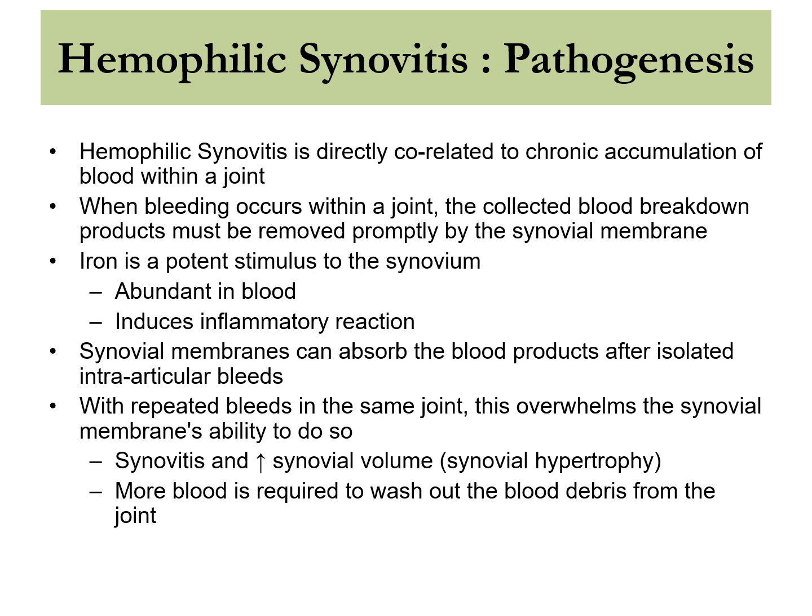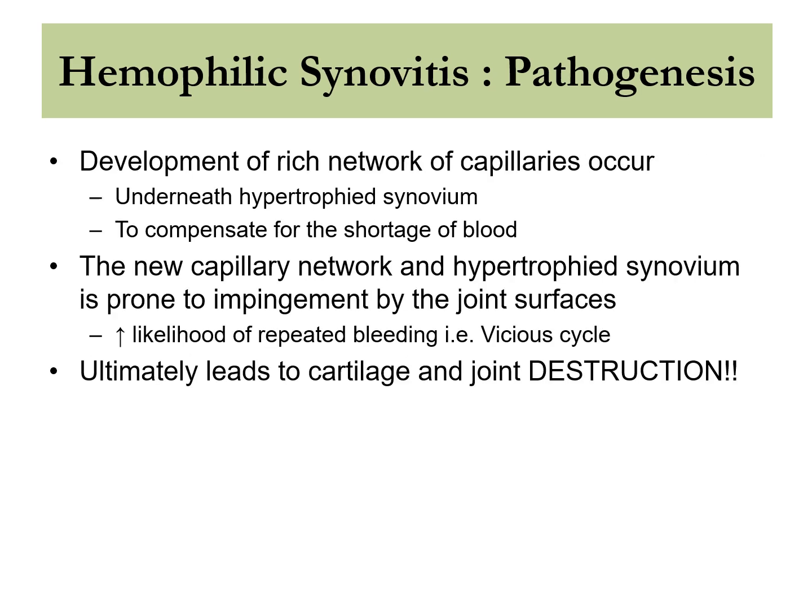So it will cause synovitis and increase the synovial volume, which is termed synovial hypertrophy. More blood is required to wash out the blood debris from the joint, so a rich network of capillaries will develop underneath the hypertrophic synovium to compensate for the shortage of blood.